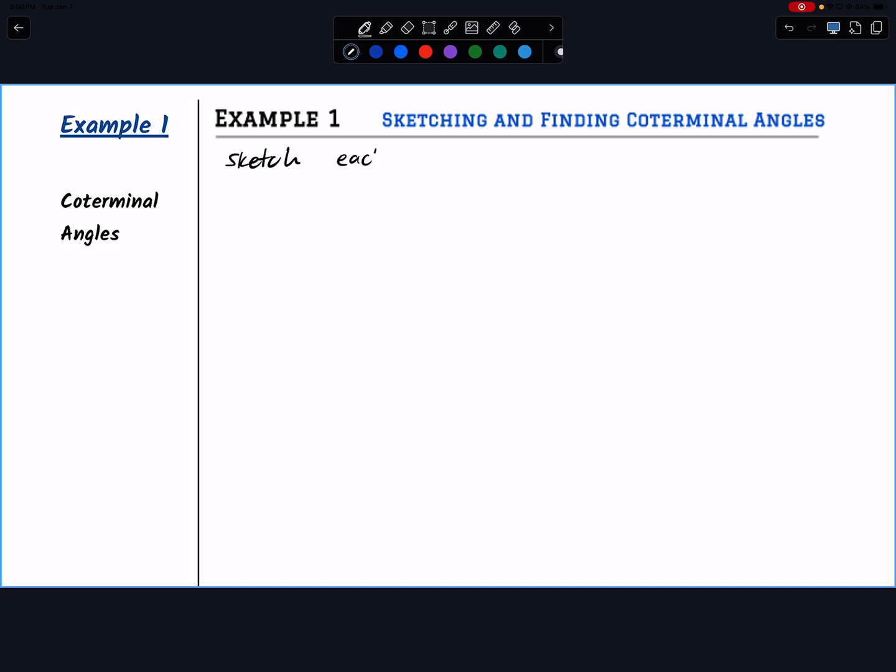So sketch each angle in standard position.